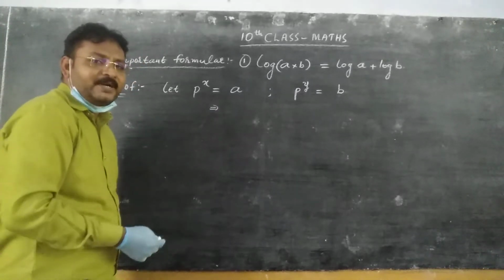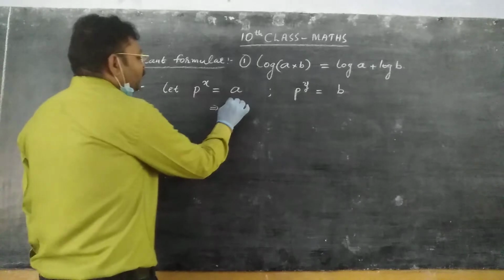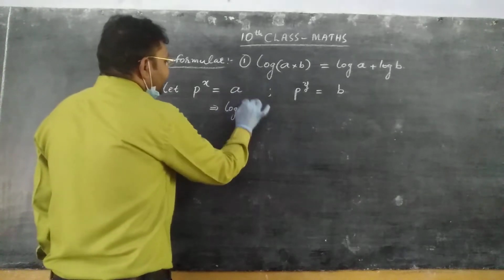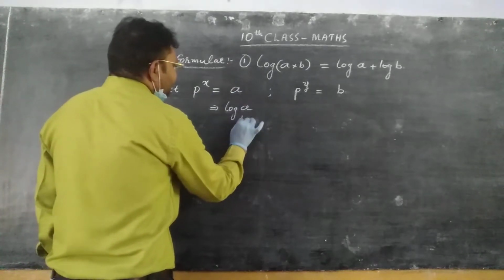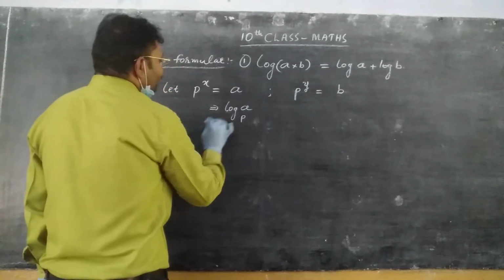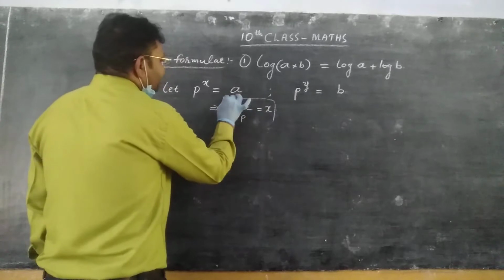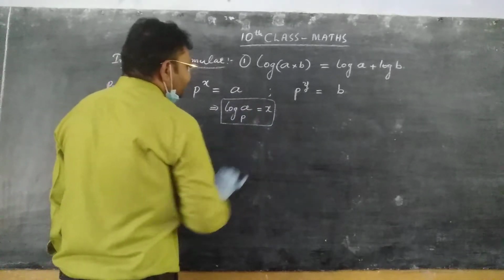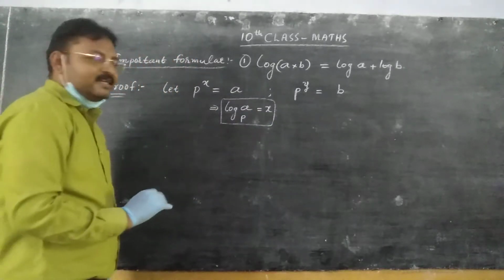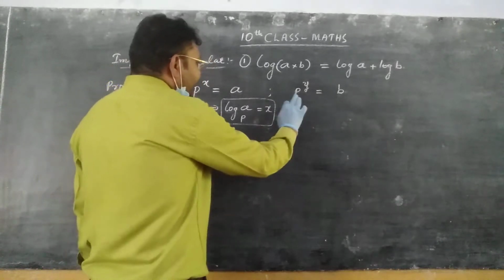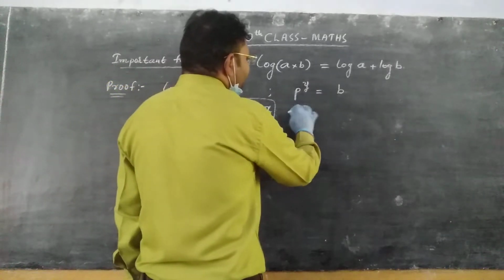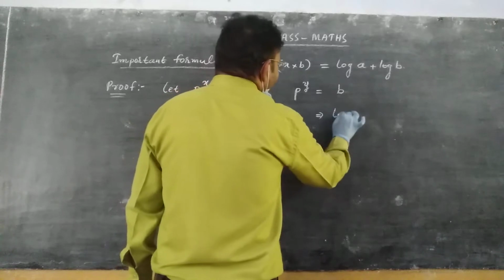How do we convert them into logarithmic form? The process is log a base p is equal to x. Is it right? Yes. Now express this one also in logarithmic form.